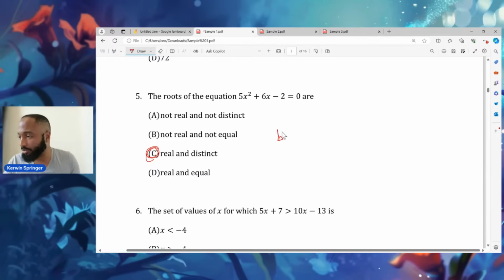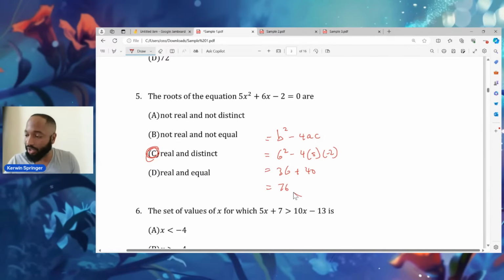determinant. So you want the b squared minus 4ac. You want to watch this number and see what happens. So b squared, that's 6 squared minus 4 by 5 by, or the discriminant, sorry, by minus 2. So this is 36, 4 by 10, 40, 36 plus 40. So this gives me 76. Now, you don't really care about the number, to be honest.